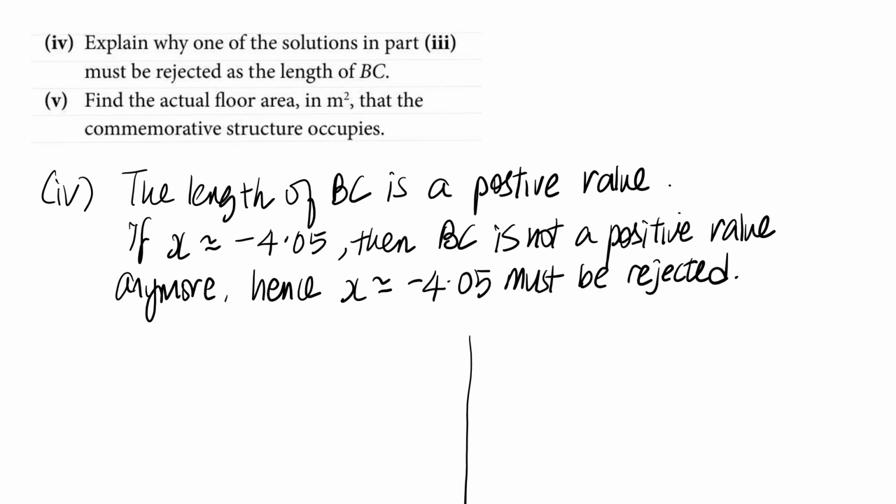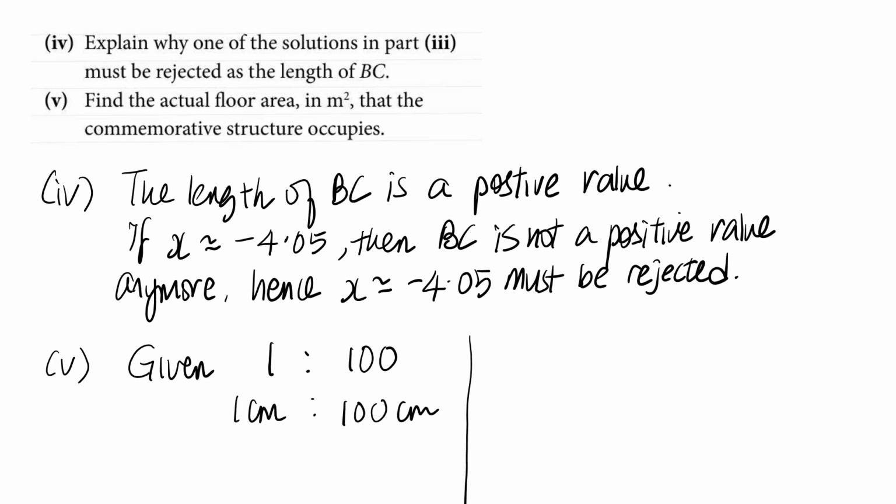All right, so how do we find part 5? We are asked to find the actual floor area in meter squared. So let's go back to your ratio. The ratio given is 1:100. So it means 1 cm represents 100 cm. We're going to convert the 100 cm, the actual length, to 1 meter.